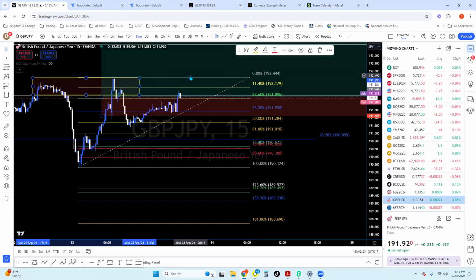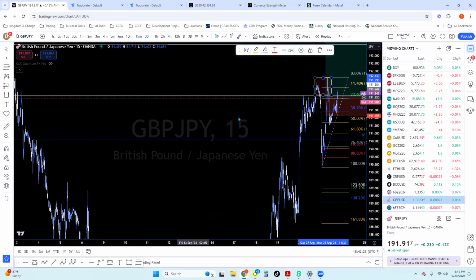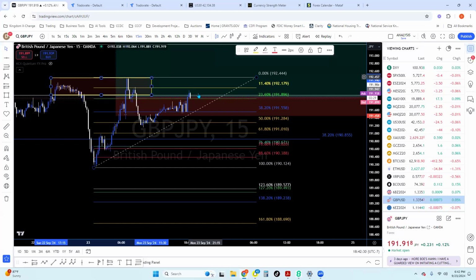If I'm going on the 15-minute, because I'm not looking at all of this data back here, in 15 minutes it can go up, down, up, down, up, down, down, down, up, and still be on target for the 4 hour.